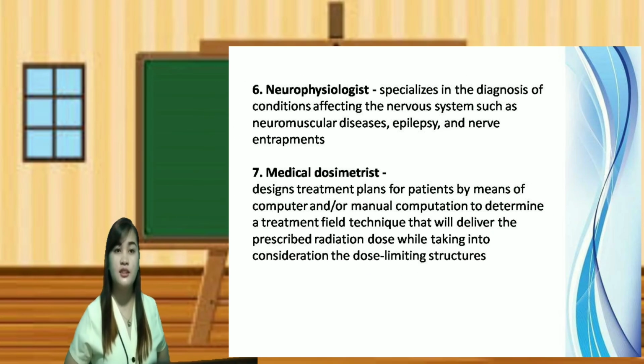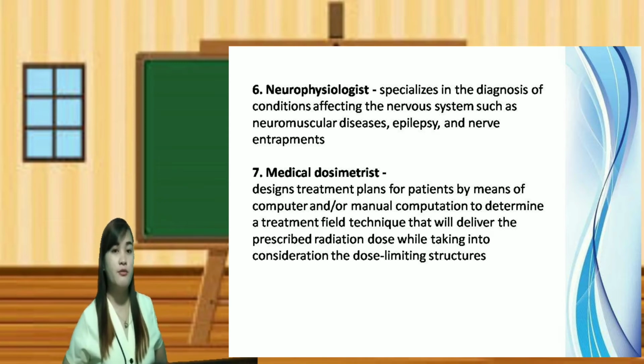Number 6, neuropsychologist. Specializes in the diagnosis of conditions affecting the nervous system such as neuromuscular diseases, epilepsy, and nerve entrapments. Next, number 7 is medical dosimetries.